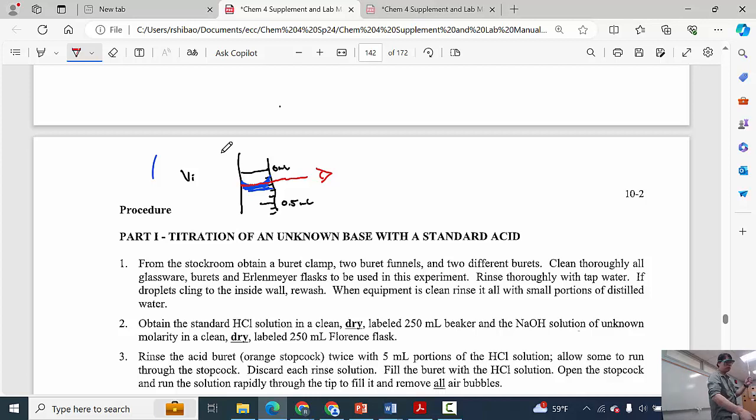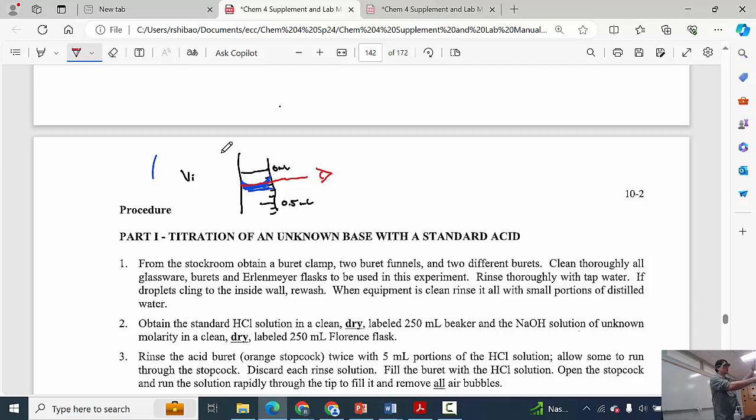What we're going to do is use red for acid, blue for base. And so I'm going to prepare these by rinsing with DI water. When I rinse with DI water, I try to wash the inside walls of this. I'll get some water in there and then tilt this horizontally and rinse off the entire inside walls of this, like this.